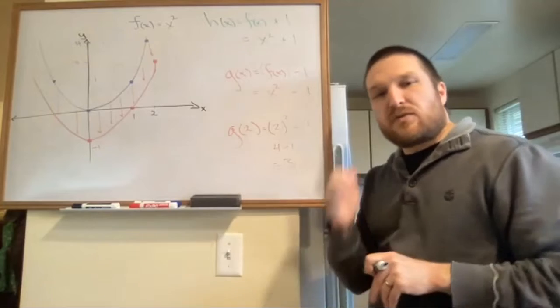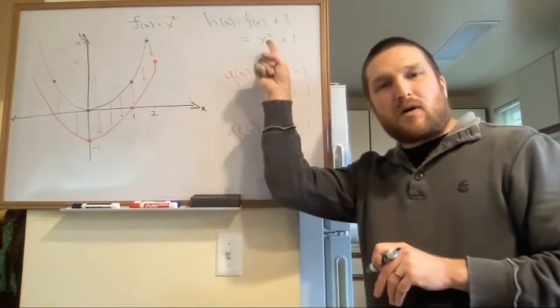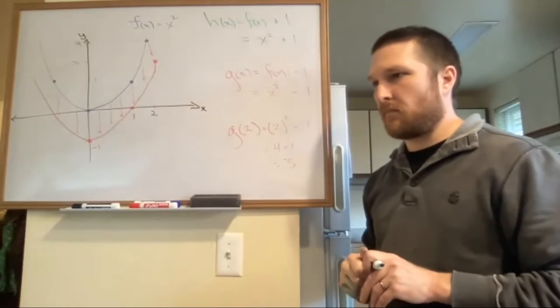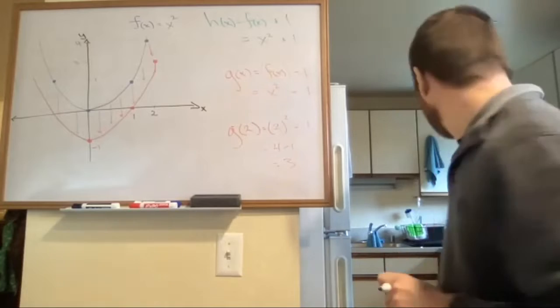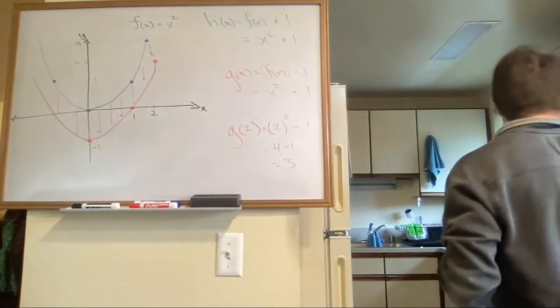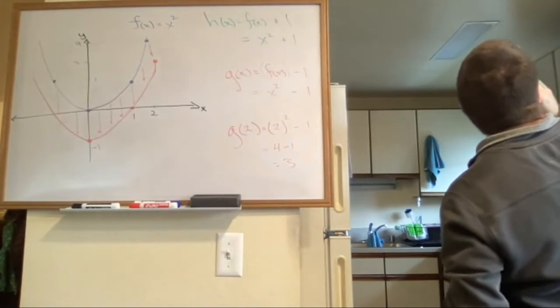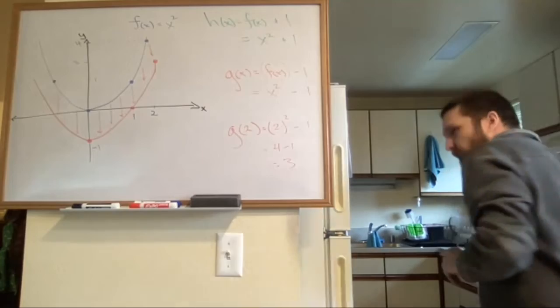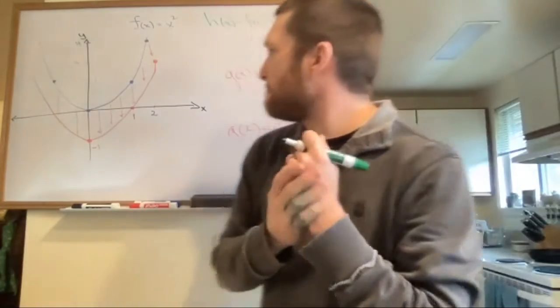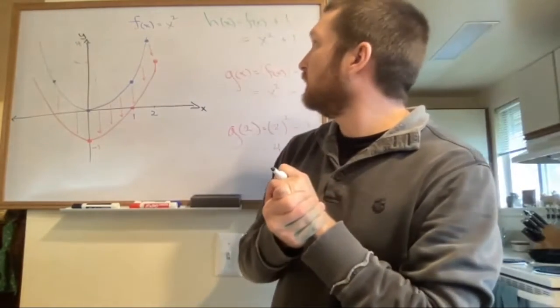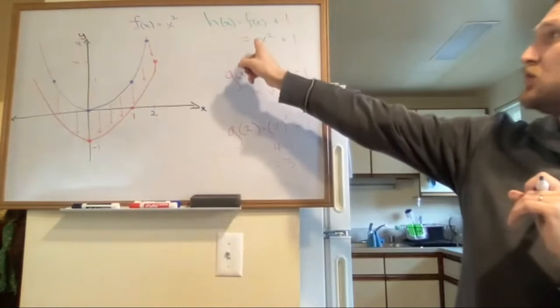What happens to the vertex with this one? Where does the vertex end up? Wait, for h?